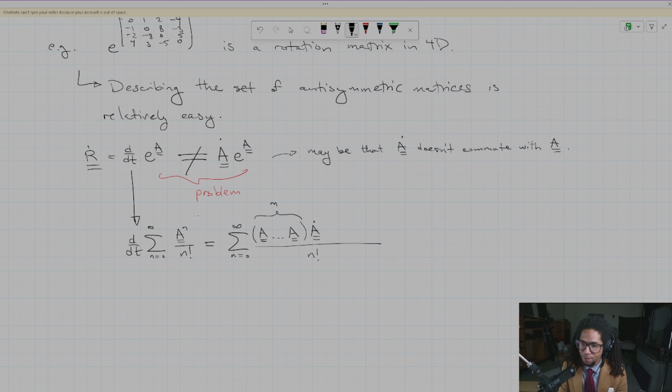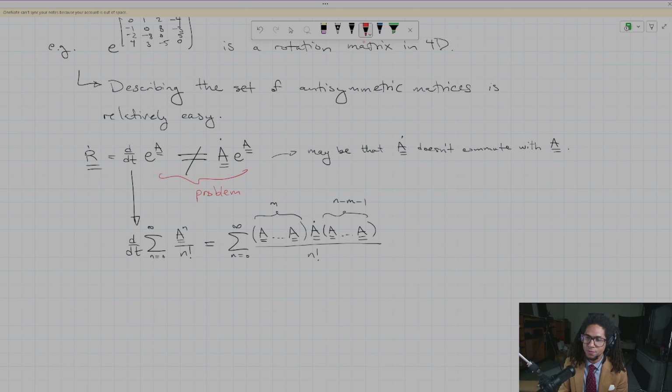Let's do that right away. And then a bunch more A's. In particular, since there were n to begin with, this number is n minus m minus 1, because this is the extra 1. Okay, but anyway, the point is that I can't always pull this A dot all the way to the left, because it may not commute with A. But if it does commute with A, then I'm good.